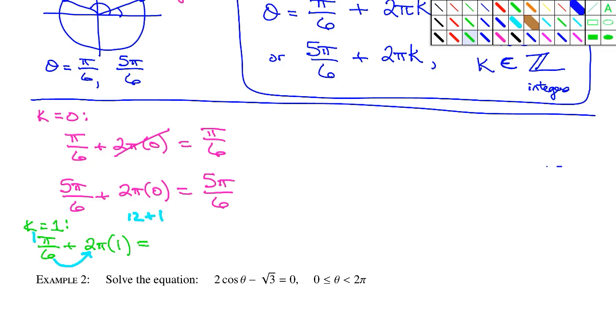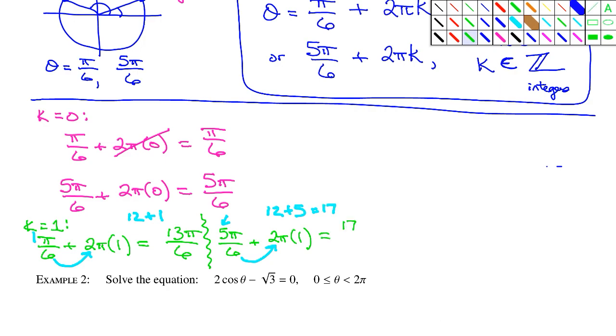So this becomes 13 pi over 6. And then also, let me do the 5 pi over 6 plus 2 pi times 1. So we get 6 times 2 is 12 plus the 5 is equal to 17. So this is equal to 17 pi over 6.